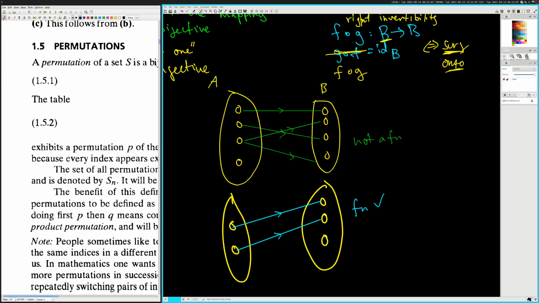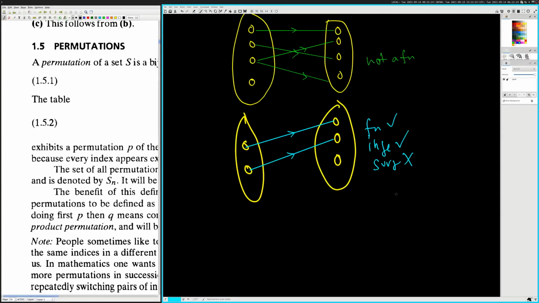By the way, if you flipped the arrows, this would be a function that would not be injective because it's many to one. This is injective because it's one to one, but it's not surjective because there's a point over here that we miss.